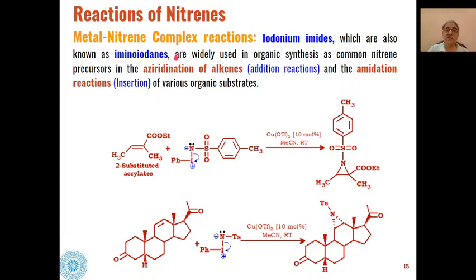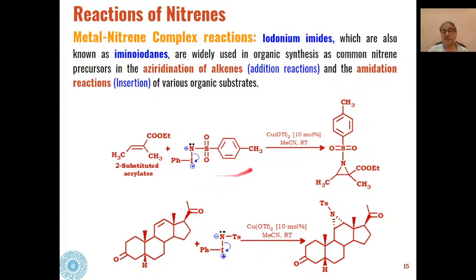Amino iodines are most commonly used in organic synthesis as precursors of nitrene, and these nitrene precursors can be used for addition reactions, that is addition of nitrenes to a carbon-carbon double bond to give us aziridines as the product, or they can undergo carbon-hydrogen bond insertion in various types of organic substrates to give us amides as the product.